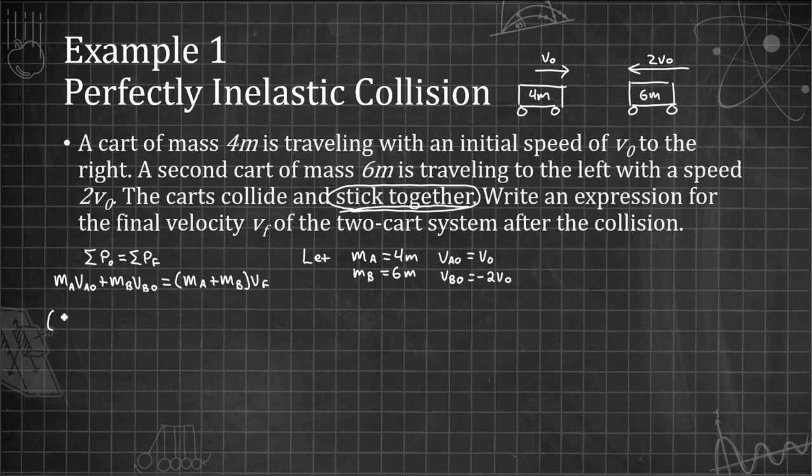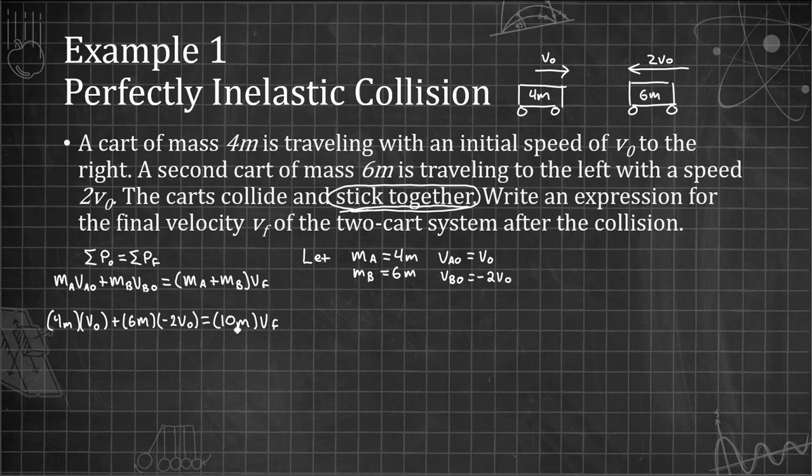By plugging in all of these values for the masses and initial velocities, and writing out what multiple they are of m or of v initial, it puts everything in the same terms. So we have an expression that just has m's and v initials, and then one variable that we don't know, which is v final.